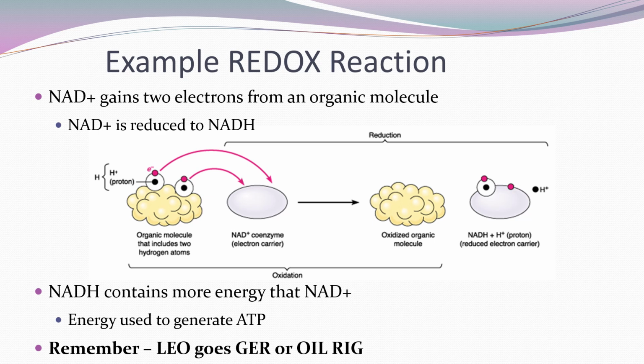For LEO, make sure that you know that loses electron equals oxidation, and then GER is gains electron equals reduction. Make sure you know that for LEO, loses electron oxidation, this also means that that molecule is losing energy, while in GER, gains electron is reduction. That is where the molecule gains energy in the form of that electron.